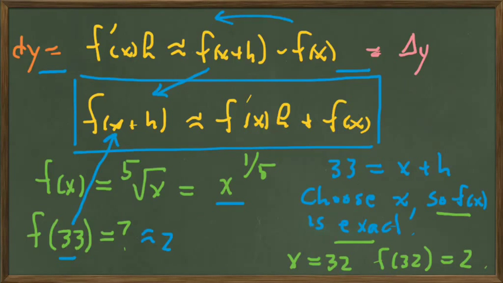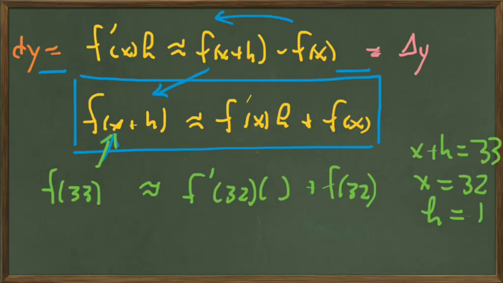So the 33, the approximation we're trying to find, is always going to be our x plus h, and we showed why x needs to be 32, because then f of that is exact. If we solve for h, we see that h is 1, and so on the right side we can designate this 32 as x, and the h needs to go here, so we put the 1 there.